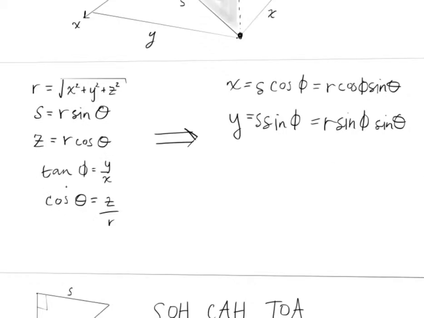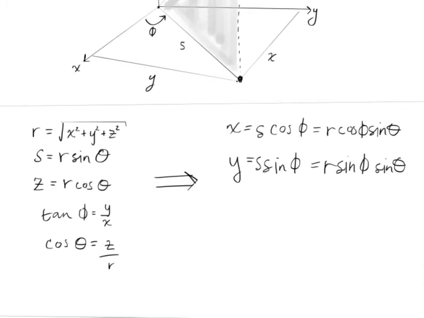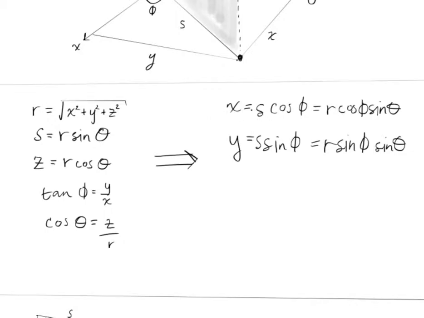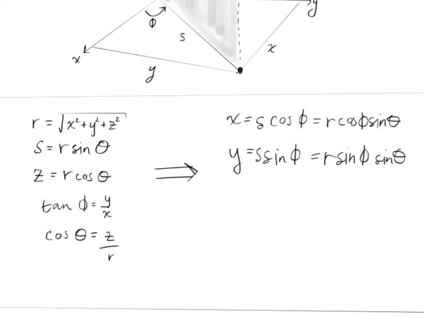So with those relationships, we have previously defined x in terms of polar coordinates, and so we're just going to bring those relationships in with what we've just defined s as in terms of spherical coordinates. So our s becomes r, I can draw a little bit here just to make it easier.